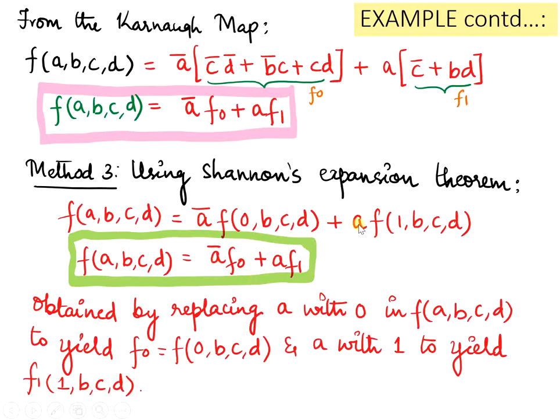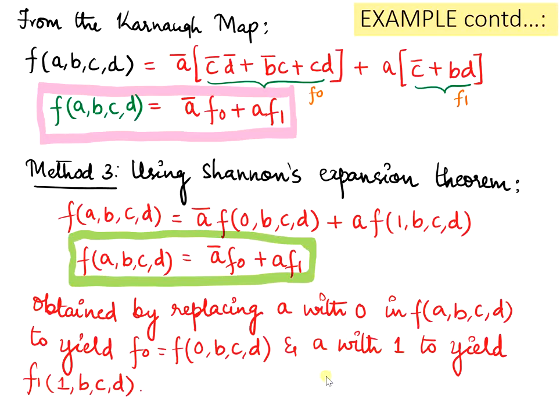Here A is taken out as common, and instead of A, 1 is written because this is not a complemented term. So here I can directly write this as A bar F0 plus A F1, which is obtained by replacing A with 0 in this particular function to yield F0 and A with 1 to yield F1.